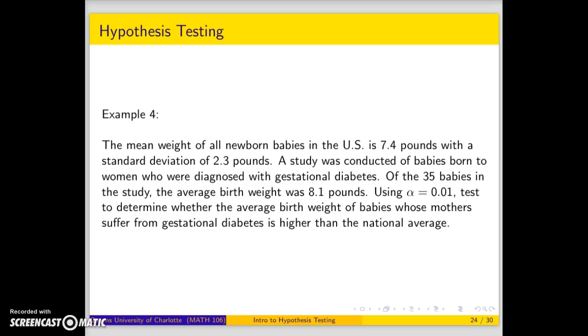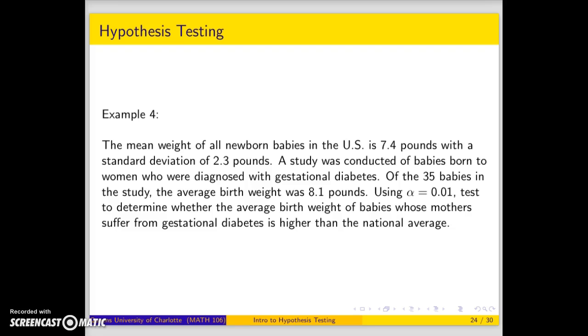Suppose that the mean weight of all newborn babies in the US is 7.4 pounds with a standard deviation of 2.3 pounds, which is the population standard deviation. A study was conducted of babies born from women with gestational diabetes, which tends to increase the weight of a baby.